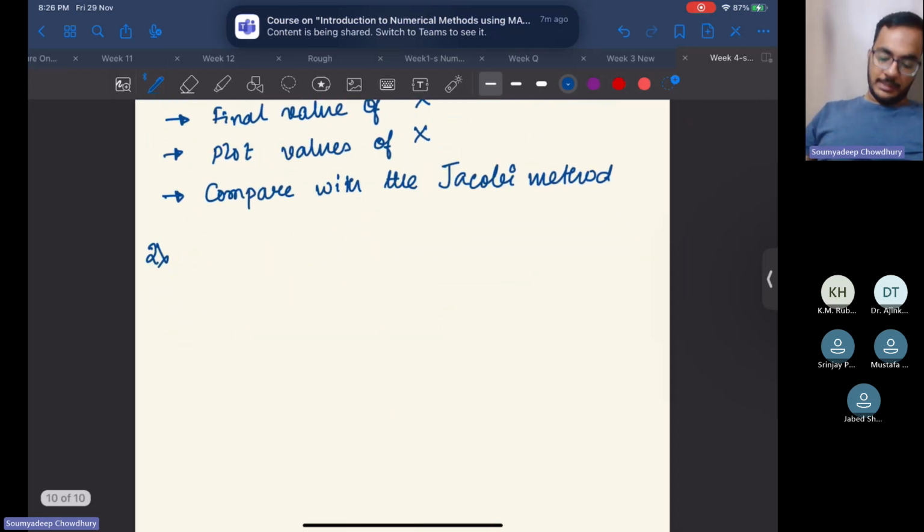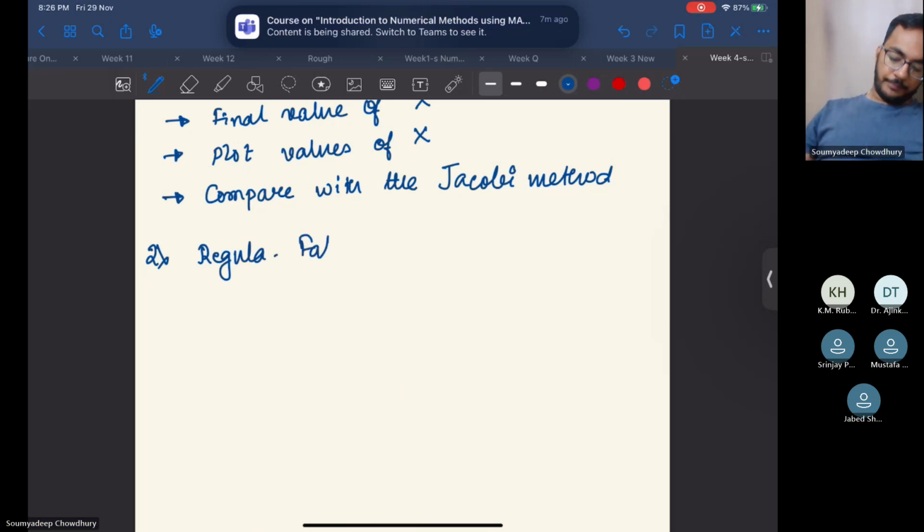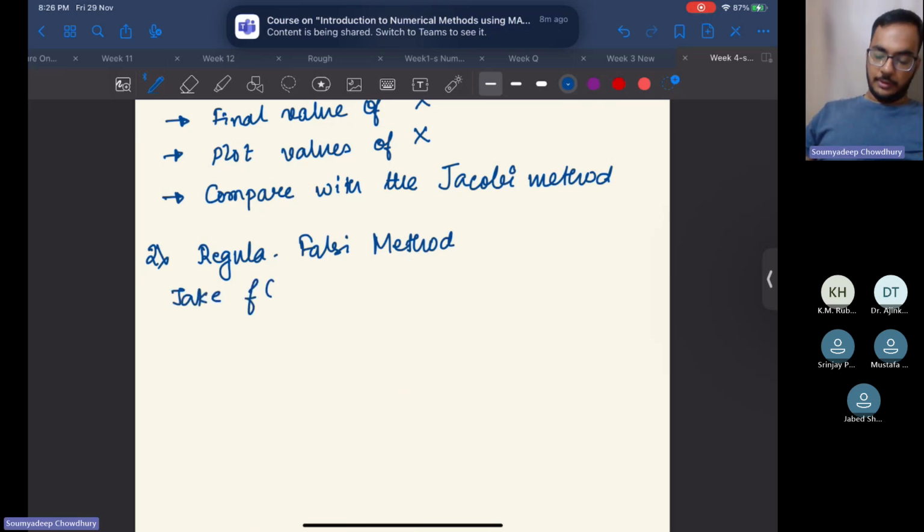And for today's class, you have to write a code for the regula falsi method. You will take any function as an input. I'm giving you the function also here. It is basically a polynomial function: x to the power 2.5 minus 12 x to the power 1.5 minus 20x plus 120 equals 0.